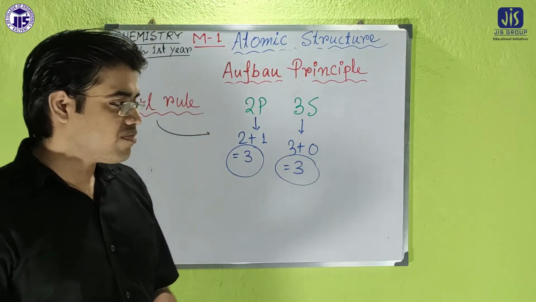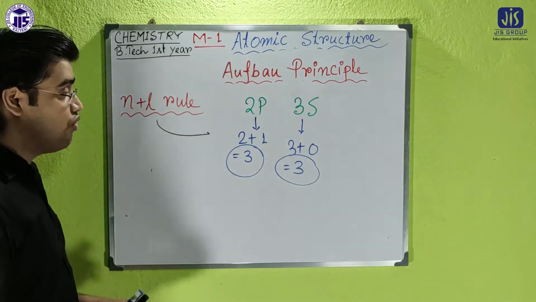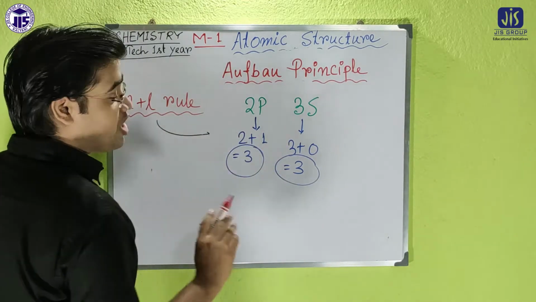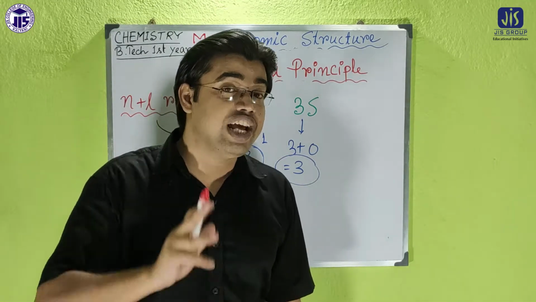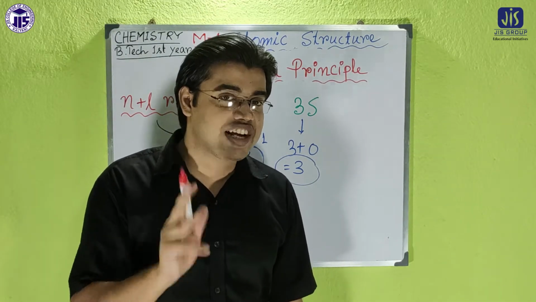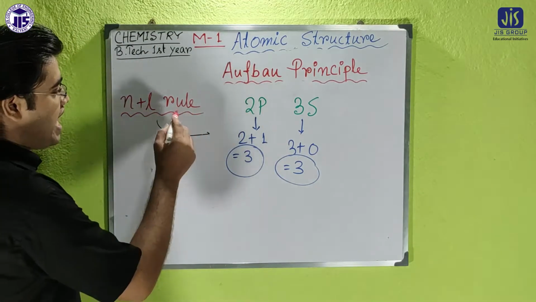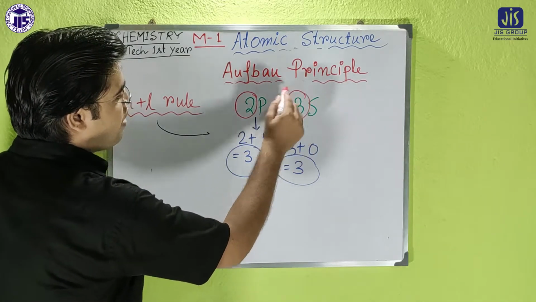So then n plus L values are same. Okay, then at that moment you have to concentrate. So keep in mind, when n plus L values are same, then only we apply the next theory. Otherwise you can't apply the theory. Okay, so when n plus L values are same, we have to concentrate only on n values.